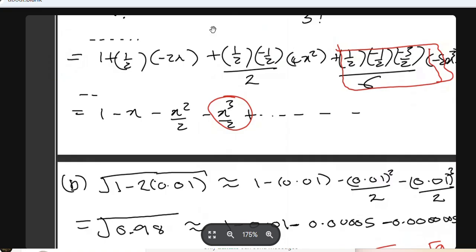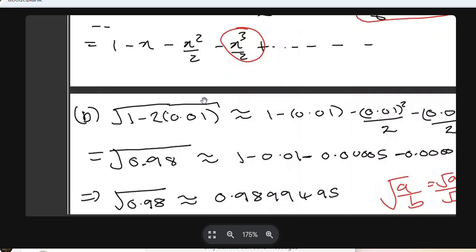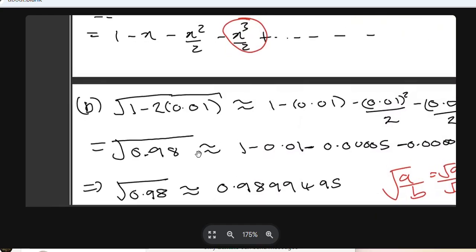Sir, in the tutorial sheet, there are questions whereby they tell you to prove, for example, n choose r plus n choose r minus 1 is equal to n plus 1 choose r. And then they tell you to prove that. So how do you go about it, sir?